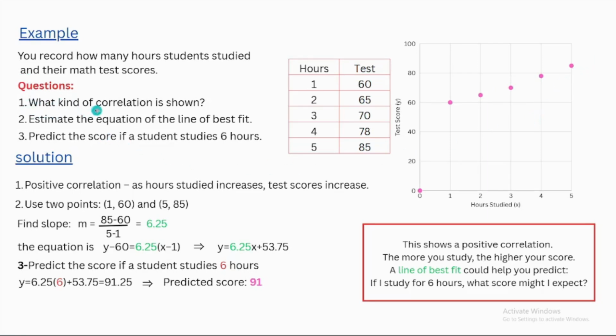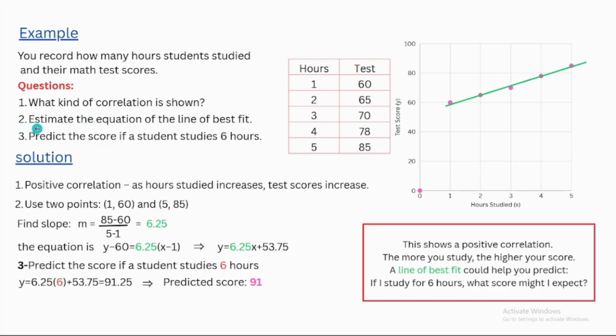The question is, what kind of correlation is shown? Of course, in this example, it is obvious. But in some examples, we have to draw the line of trend. What kind of correlation? Positive correlation. As hours of study increases, test score increases.